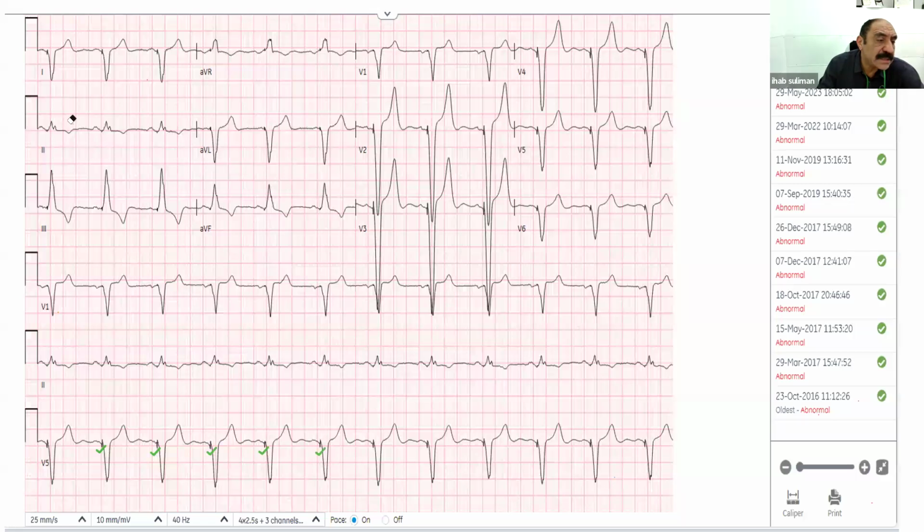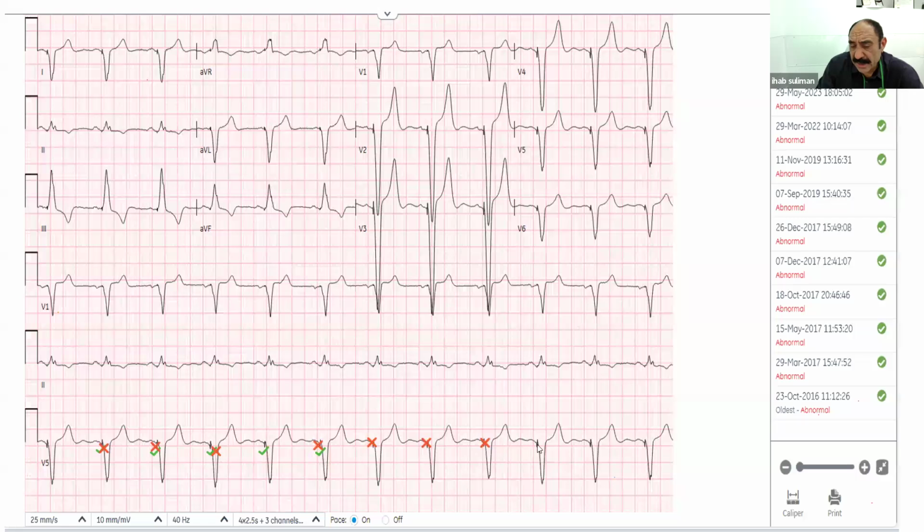So what is this? So it is the paced rhythm. So this is a paced rhythm. So remember, this is a paced rhythm, and that is why it appears like a wide QRS.